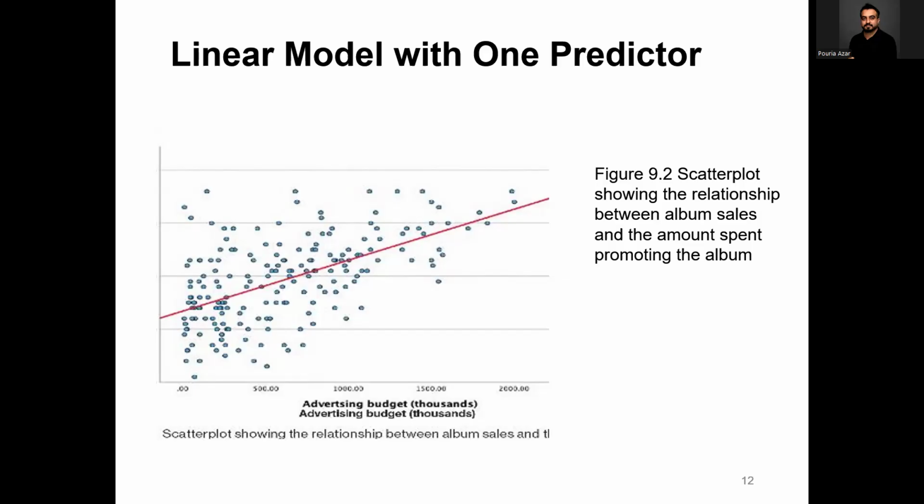If this red line was just a straight, horizontal line, we would assume that there is no relationship between y and x, our outcome and predictor variable. Then there is no need to run regression analysis here. This is the scatter plot for a simple linear regression because we have just one outcome variable and one predictor variable.